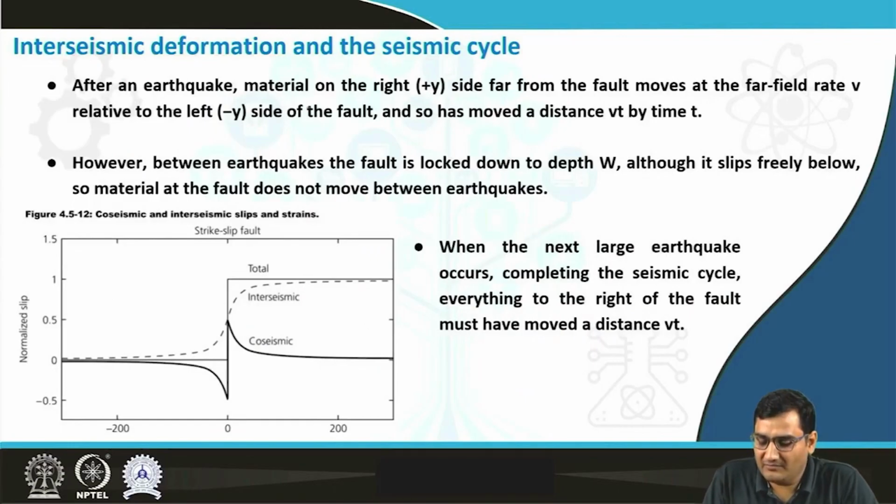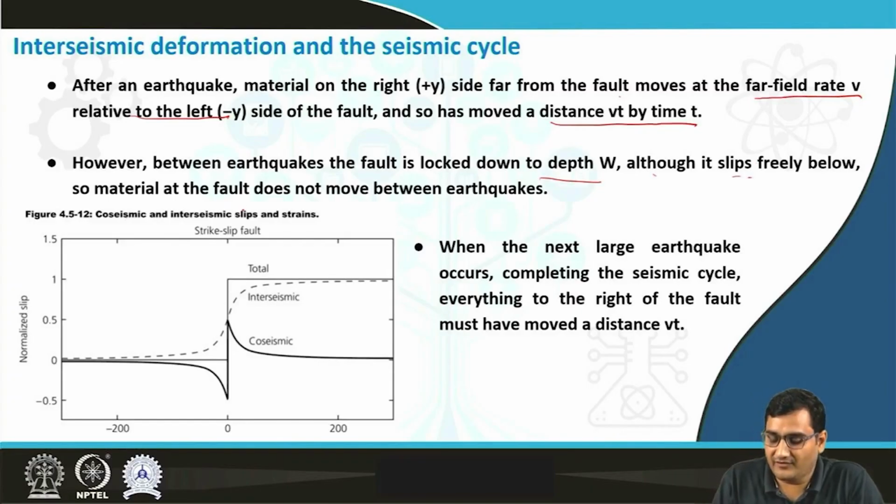After an earthquake, material on the right, that means the positive y side far from the fault, moves at far field rate v relative to the minus y, left side of the fault, so it has moved a distance vt by time t. However, between earthquakes, the fault is locked down to the depth w, although it slips freely below.